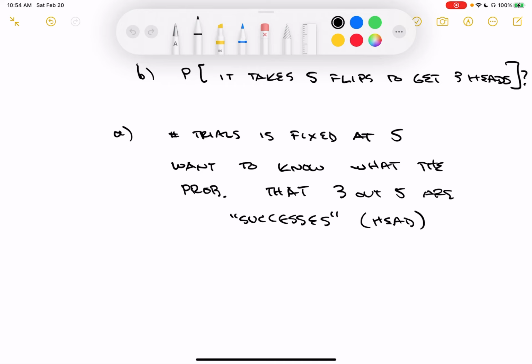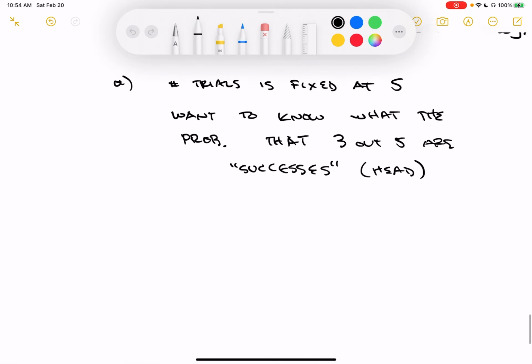Well, if you go back through the families on there, we already looked at a case of counting the number of successes out of a fixed number of trials. That is a binomial model. So this thing reflects a binomial random variable. The model that is appropriate for this one is a binomial random variable.